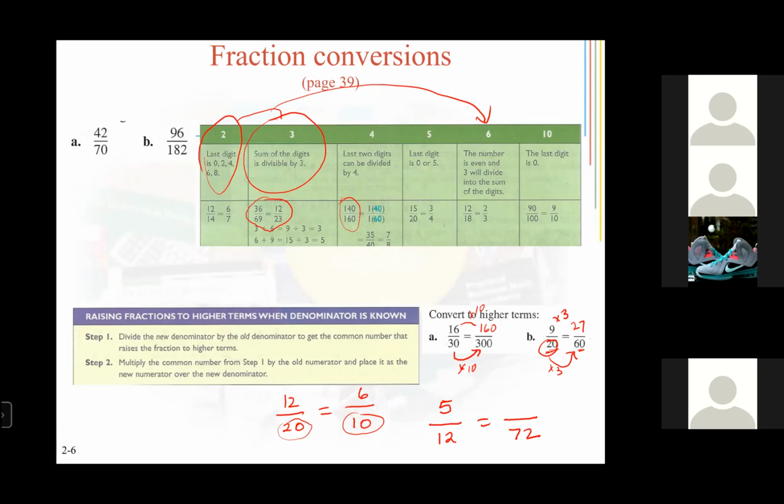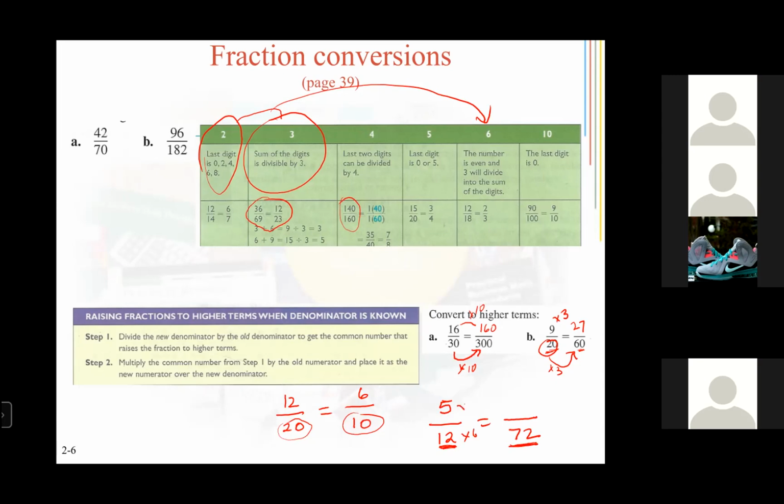What times 12 gives you 72? We move from 12 to 72. So what are we multiplying by here? 6 12s. Yeah, that's 6.